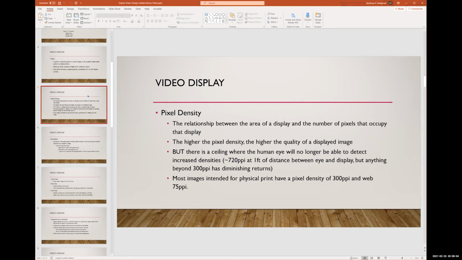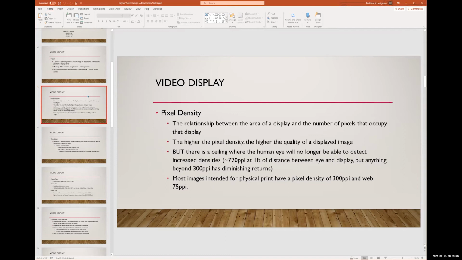This is roughly about 720 pixels per inch, and that will be our standard measurement for pixel density, either PPI or DPI. They're completely interchangeable, PPI and DPI, pixels per inch or dots per inch. Just DPI kind of evolved from a printing environment where you would have the drop of ink that would be placed versus a digital display where the pixel is placed. Okay. So it's roughly right around 720 pixels per inch at 1 foot of distance between the eye and the display.